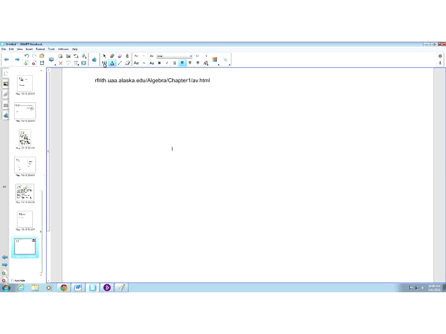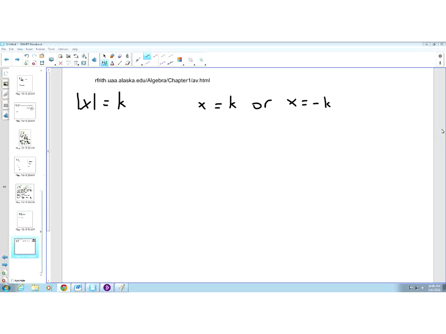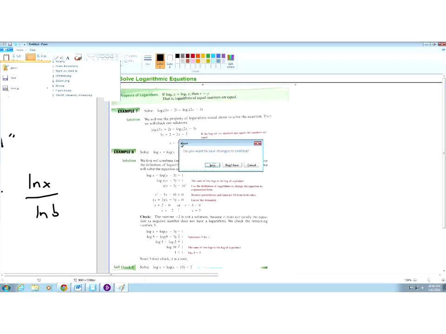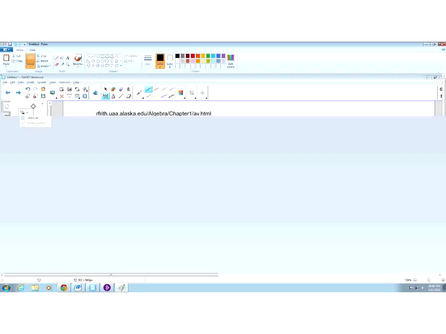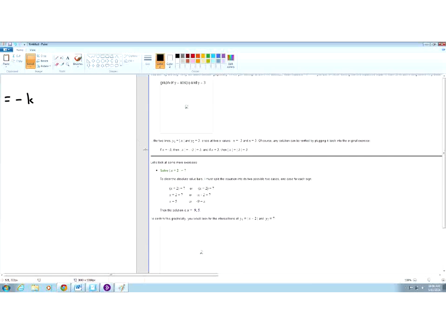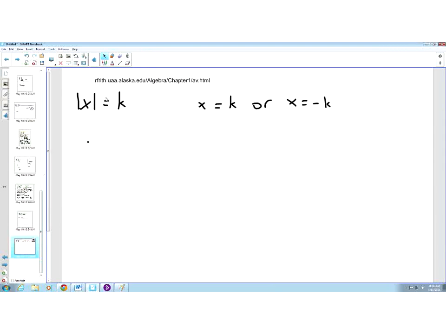So for instance, if I have the equation absolute value of x is equal to a number k, then the solution would be x is equal to k, or x is equal to negative k.